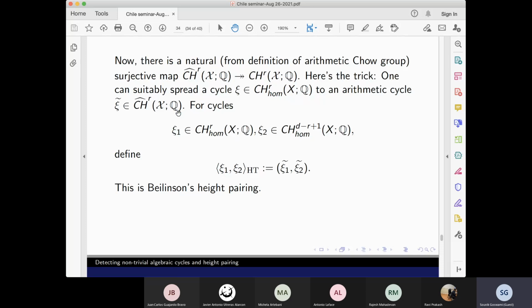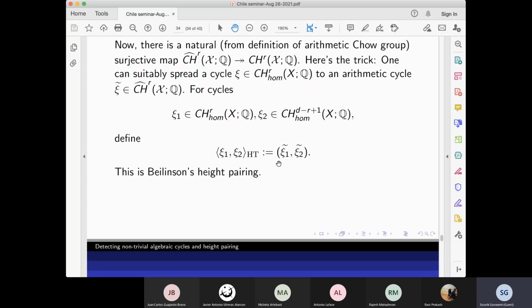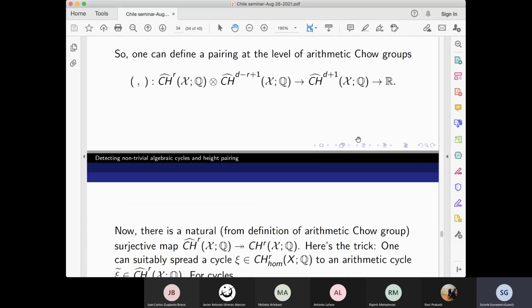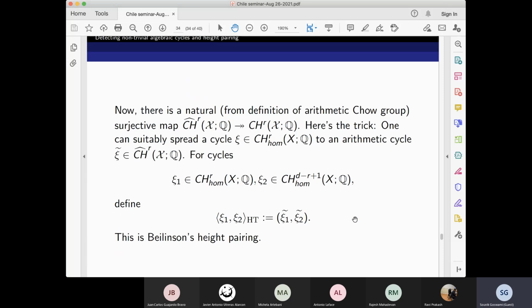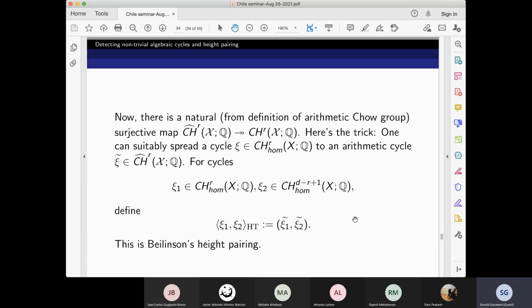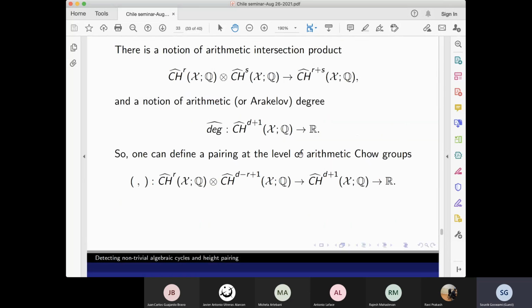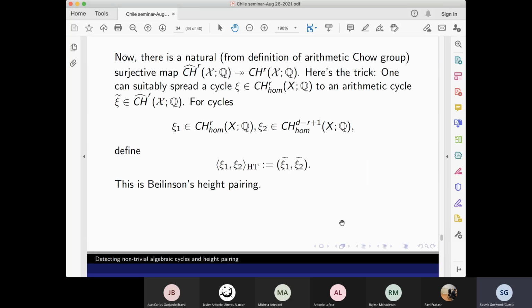Then one defines the Beilinson-Tate pairing simply to be the pairing of these spreads. So this bracket is the pairing between the spreads. Again, it's completely vague. One has to know the whole theory here to understand what's exactly going on.